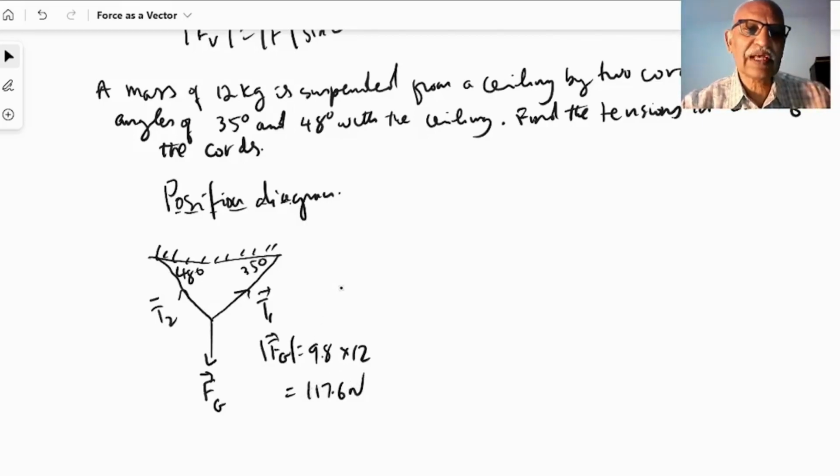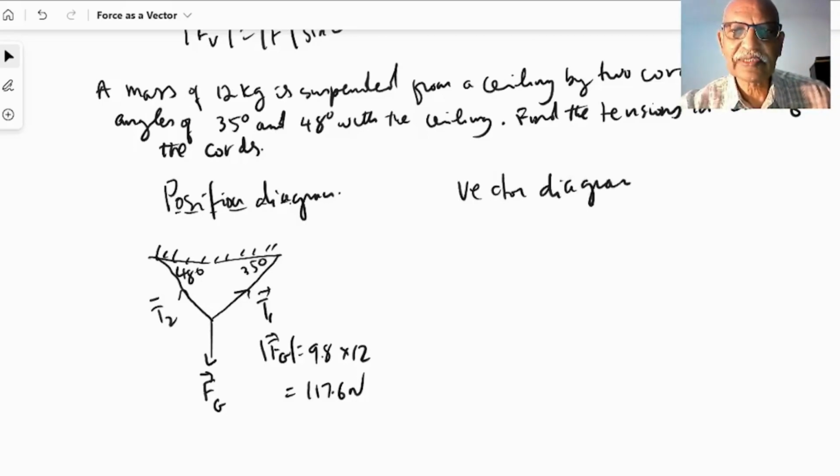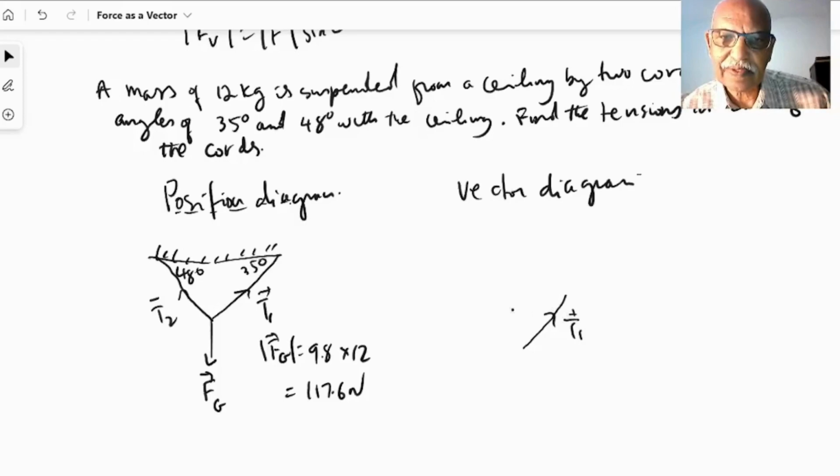Okay, so now this is the position diagram. Now we visualize this one in a vector diagram. In a vector diagram, we have to use vectors. So the first thing is we go exactly parallel to T1. T1 makes 35 degrees with the ceiling. So we write 35 degrees. And then from this point here, we go parallel to T2, exactly the way it is on the position diagram.